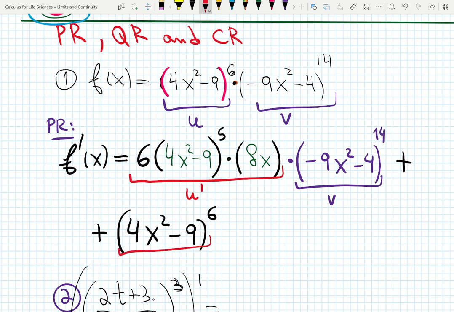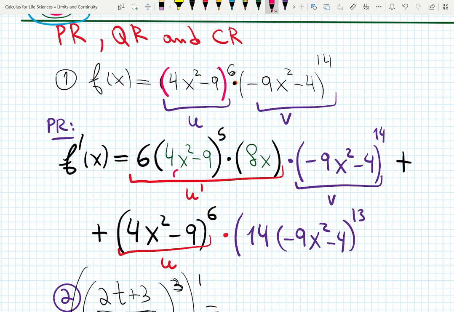That is u times differentiate v, and I again see that v is a polynomial raised to the 14th power this time. So it's going to be, I'm opening parentheses, 14 goes down, whatever is inside raised to the 13th power. What is that whatever? I have to copy it. Minus 9x squared minus 4.